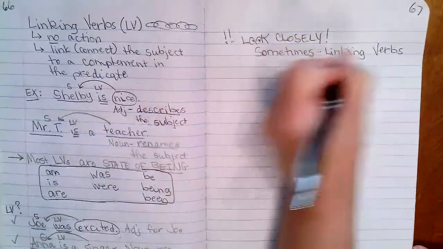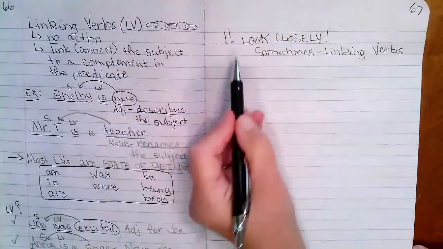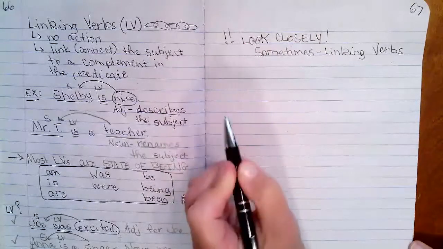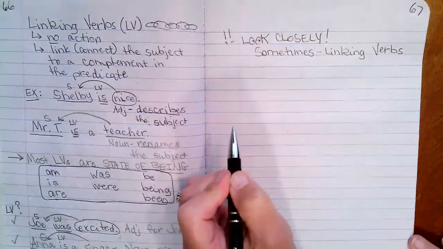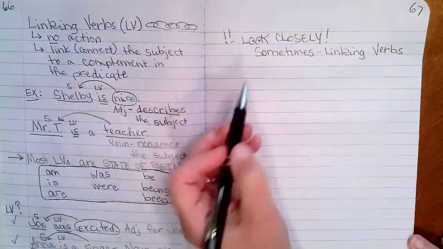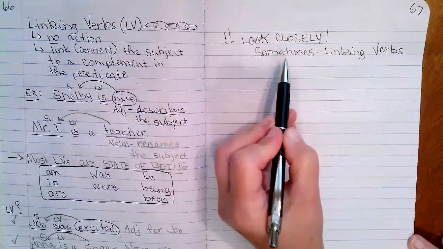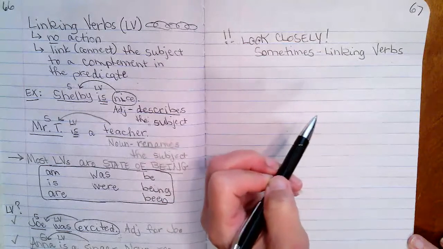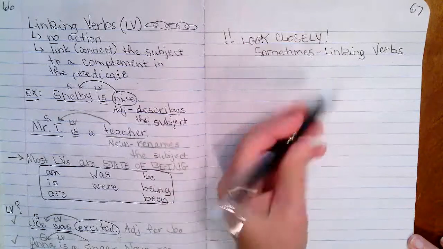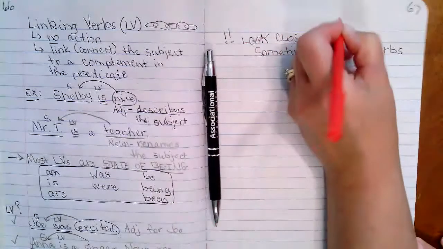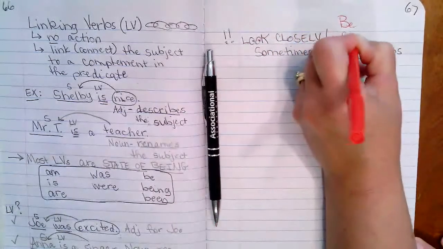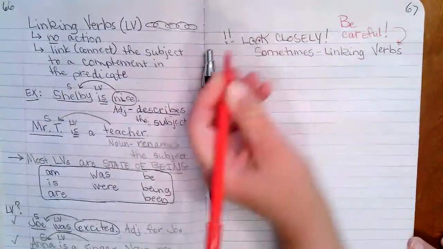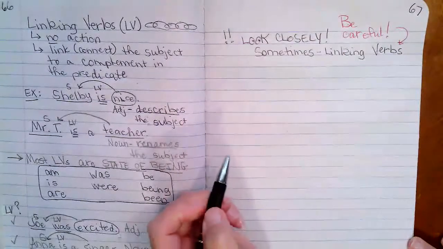All right, and guess what we have to do? We have to look closely and we have to be detectives and we have to pay attention to the sentence and what the sentence is saying to help us understand, okay, is this verb being a linking verb or is this verb being an action verb in this sentence? So big time, guess what we have to do? We have to be careful with these words right here, these sometimes linking verbs.